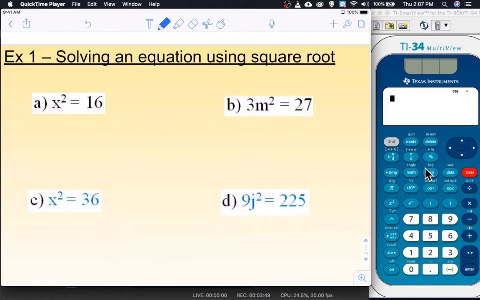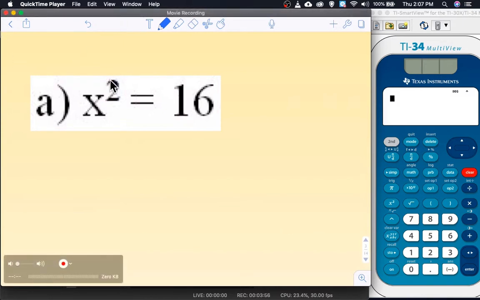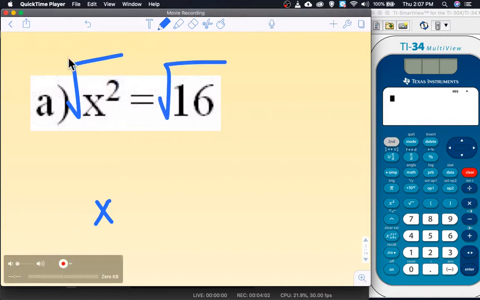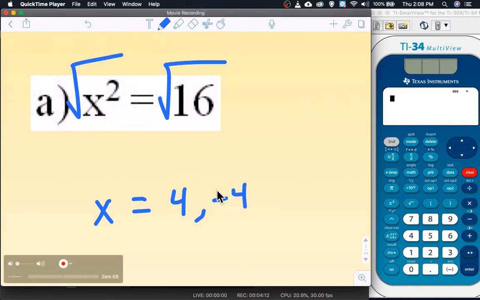So we want to solve this equation. x squared equals 16. In order to get rid of this x squared, to make it just plain old x, we are going to square root both sides. A square root and a squared are opposites, and they cancel, and we're going to get 4 and negative 4. I knew it was going to be 4 because the square root of 16 is 4.